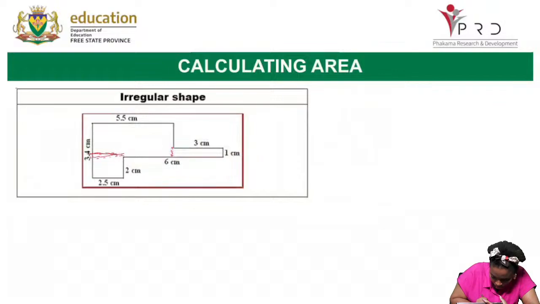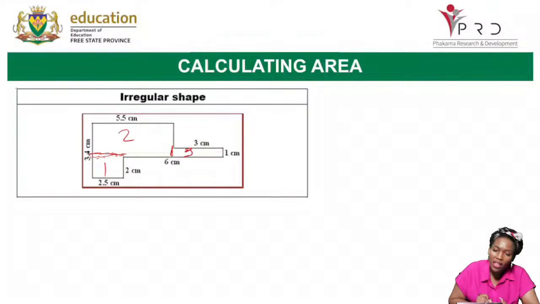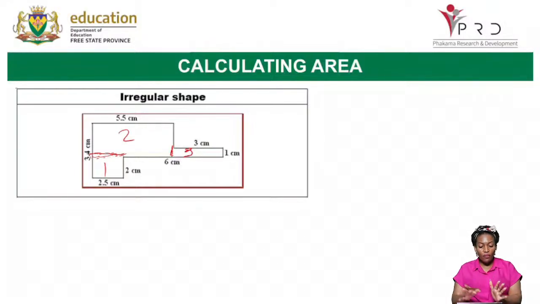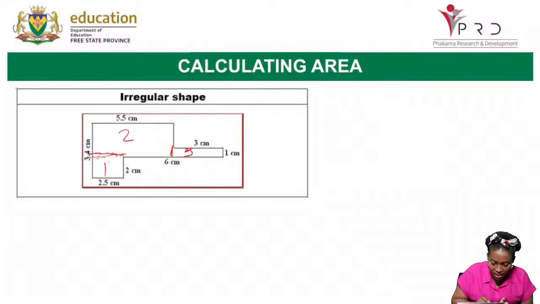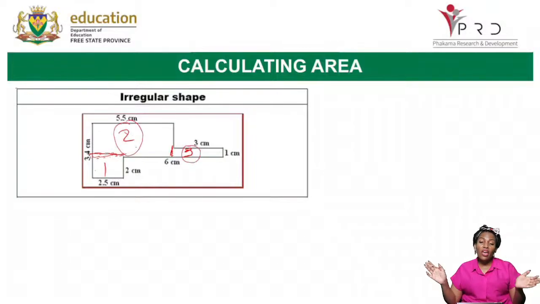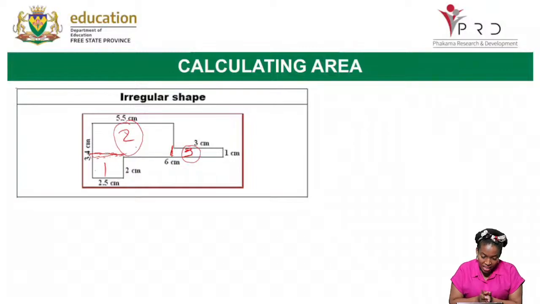So this means that you actually have how many rectangles? You have rectangle 1, rectangle 2, rectangle 3. Then it will be easier for you to calculate. You can calculate the area for rectangle 1, rectangle 2, and rectangle 3. Then you add all the 3 areas. Then it will give you the total area of this particular shape.